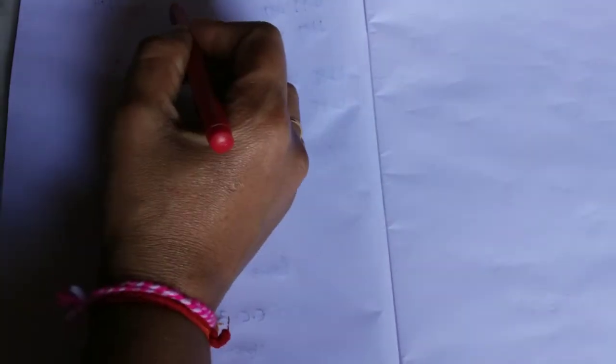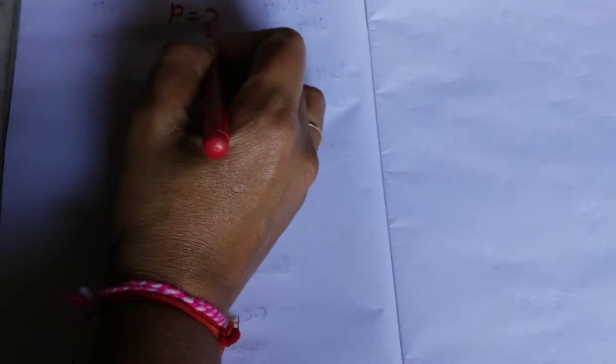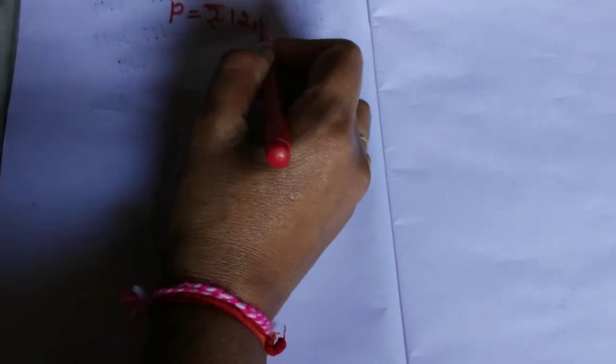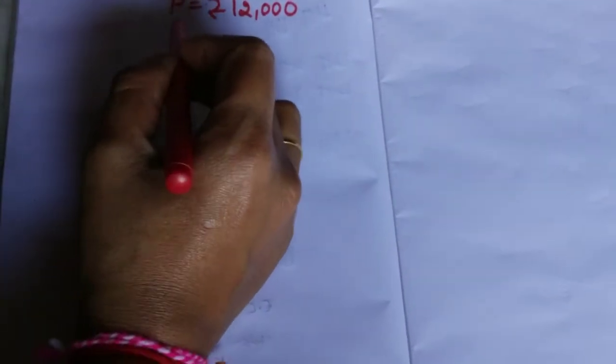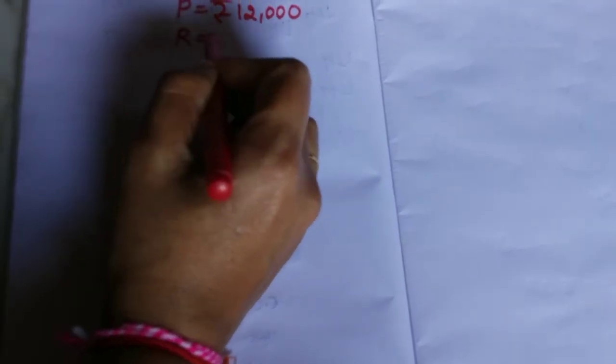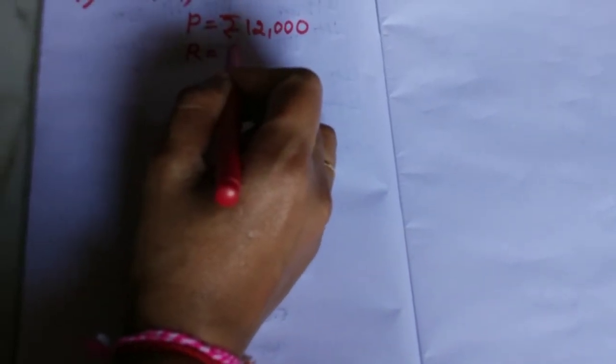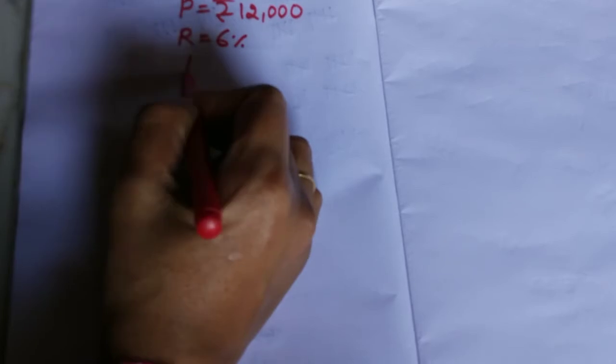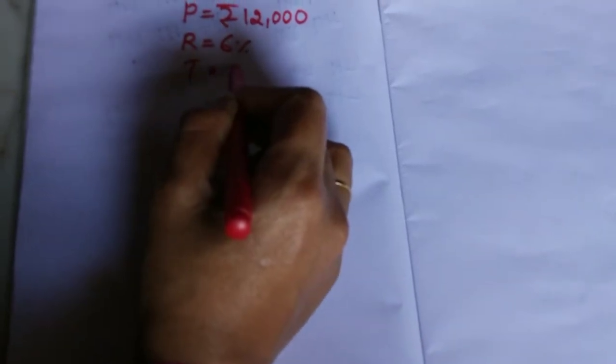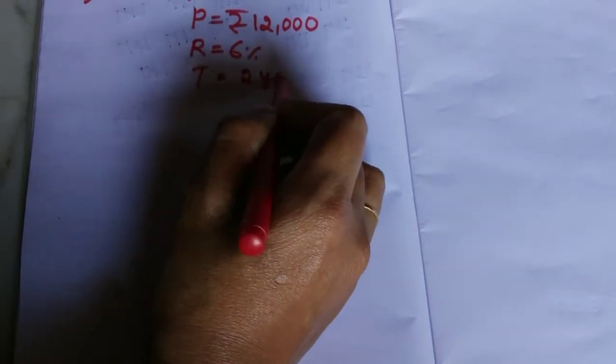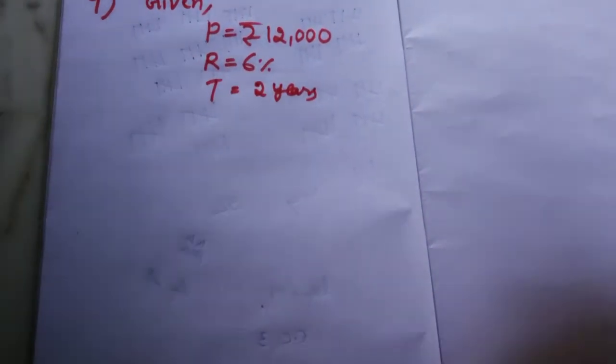Given: P is rupees 12,000. Then R is 6%, T is 2 years.